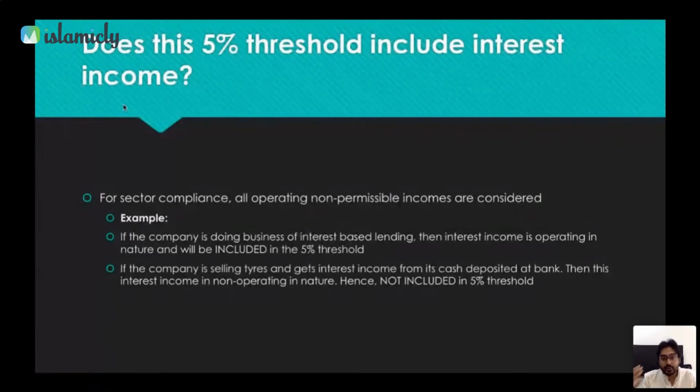Right? The interest will accrue to you. You cannot avoid it unless and until you have access to Islamic banking facilities globally. Unfortunately, that is not true everywhere in the world.